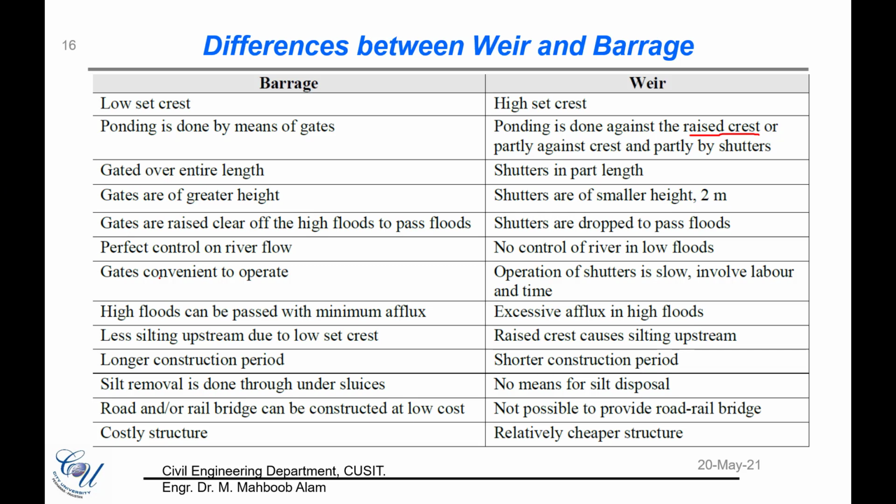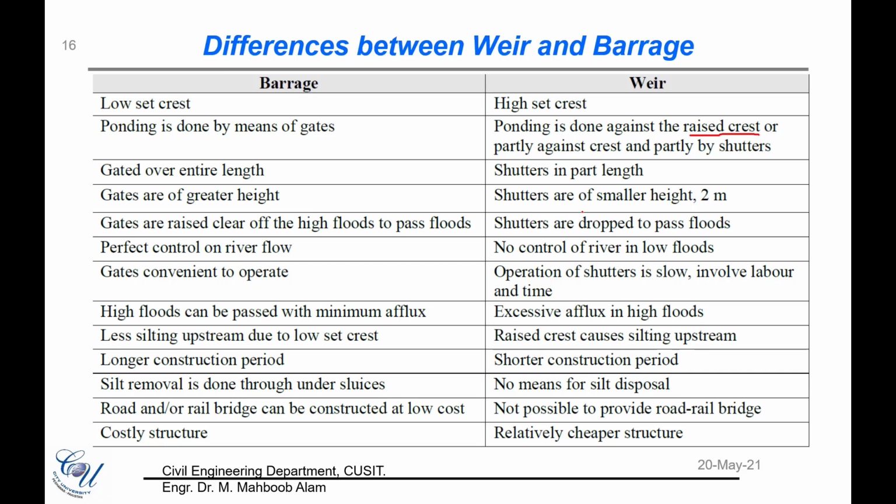The entire length of the barrage is gated, which means that throughout the section of the barrage you have gates installed. In terms of the shutters, in the weirs the shutters are only part of the length.